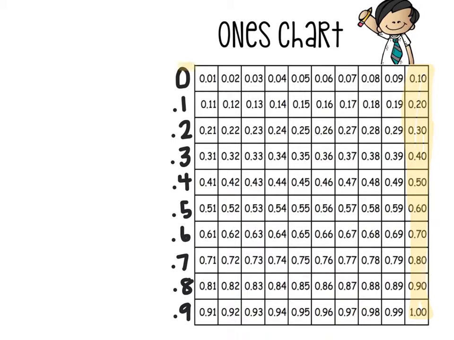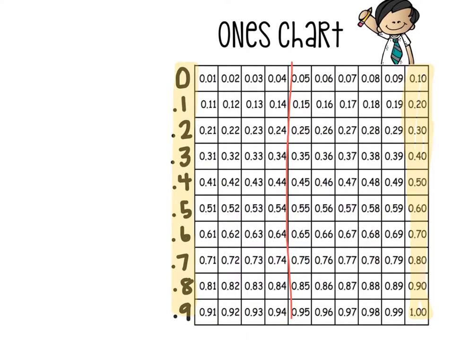And I wrote in the tenths over here on this left side. And we can use these two columns to help us round our hundredths to the nearest tenth. So again, we have this magic line on our chart between the 4 and the 5. We know if we get to the 5 that it's going to round up to the next tenth.